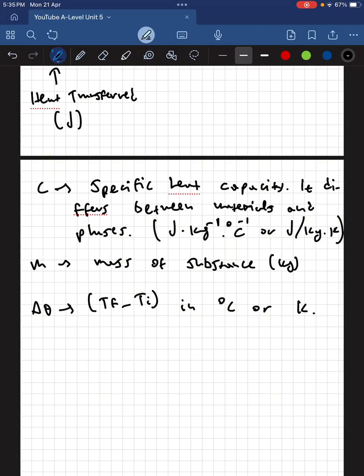Now, I want to talk a little bit more about C because it's important.